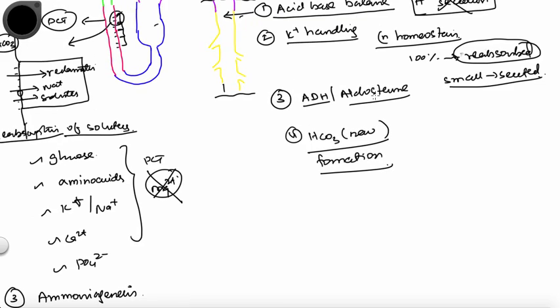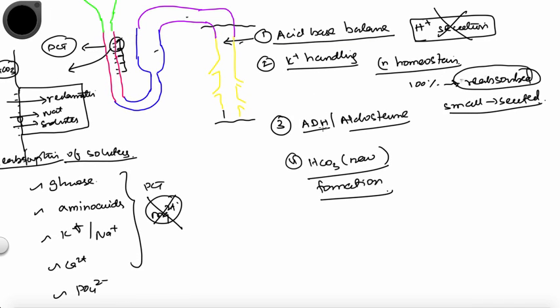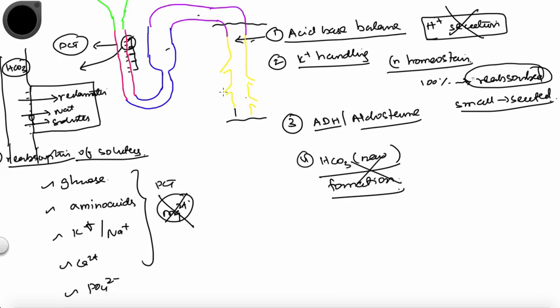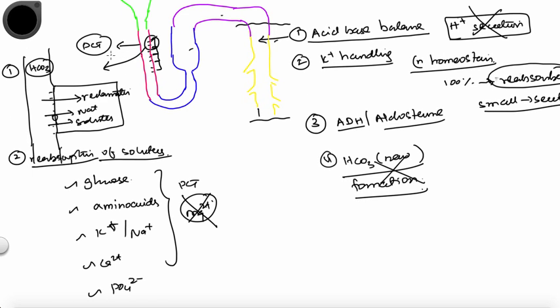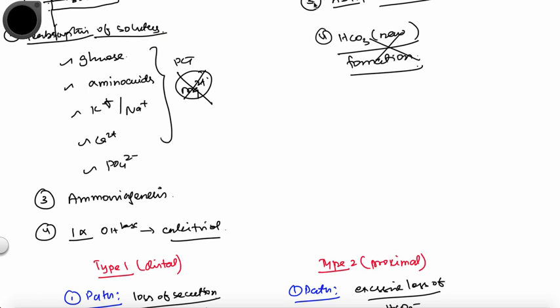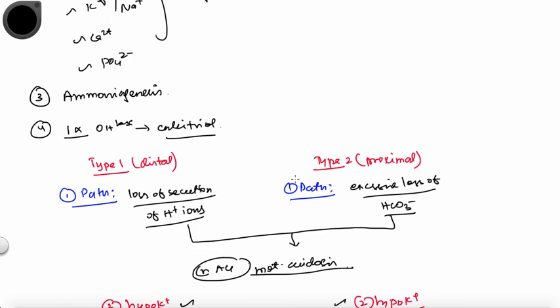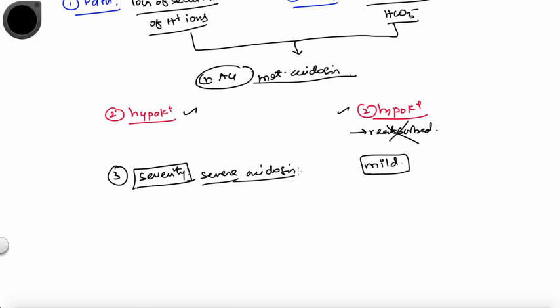So when there is dysfunction of the distal part of the nephron, this new bicarbonate formation is also lost along with H plus secretion, so the acidosis tends to be extremely severe. Whereas with dysfunction of the proximal convoluted tubule, the excessively lost bicarbonate can be counteracted by the formation of new bicarbonate in the distal part of the nephron, and hence the acidosis tends to be a little bit mild in proximal renal tubular acidosis.